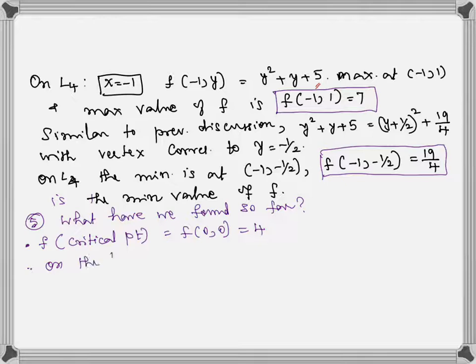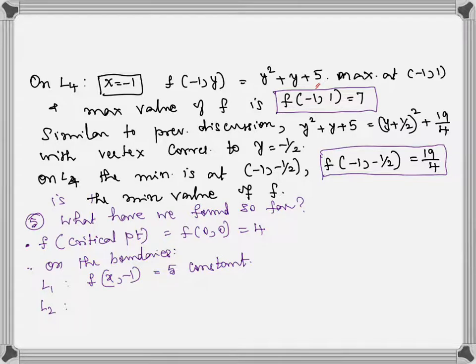This is one piece of information. Then on the boundaries, on L1, this is what we found: f of (x, -1) equals 5, which is a constant, does not change.